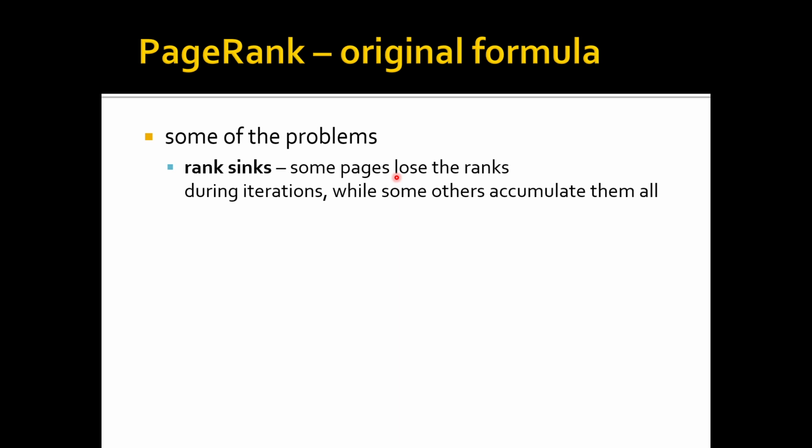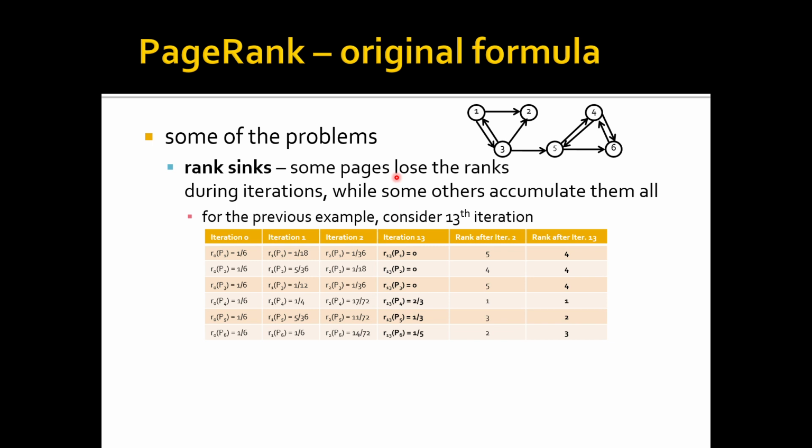You can see it on our example. This is still the same example, but we are proceeding from iteration 2 that we already inspected up to iteration 13 that basically results in this behavior in the rank sinks, because we can see that this set of pages basically loses all of the page ranks in favor of this other set of pages.